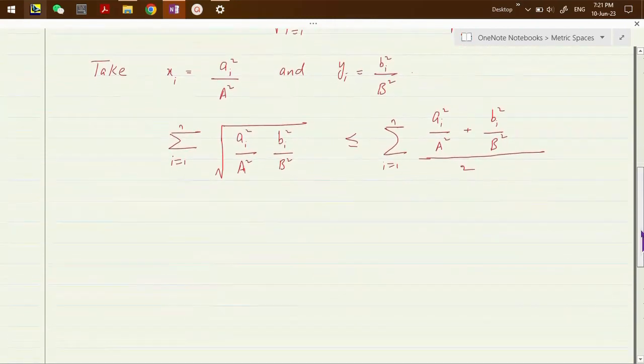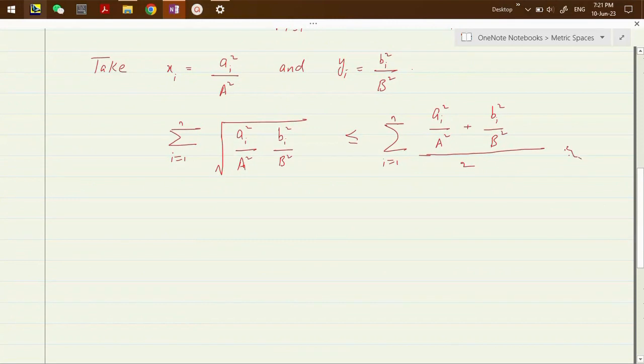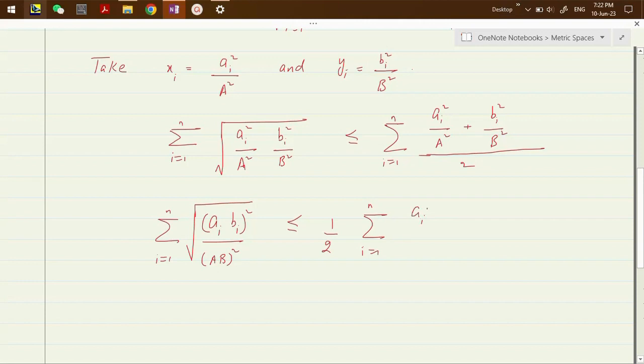So, by simplifying, summation i from 1 to n root of (ai bi) whole square over (a b) whole square is less than or equal to 1 by 2, which is independent of i, so we take 1 by 2 outside, and what is left inside is ai square over a square plus bi square over b square.